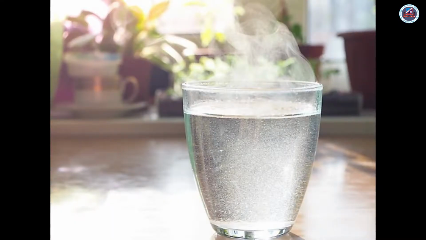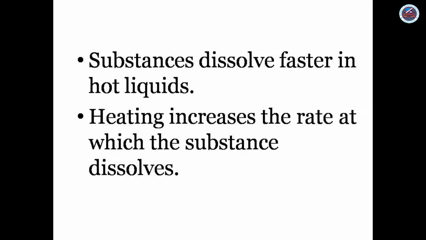We will notice that the glass with warm water will dissolve the sugar faster. When the particles of the sugar are heated, they get more energy and move faster. Since they are moving faster, the particles will spread more, so the sugar will dissolve faster than in the glass of cold water.